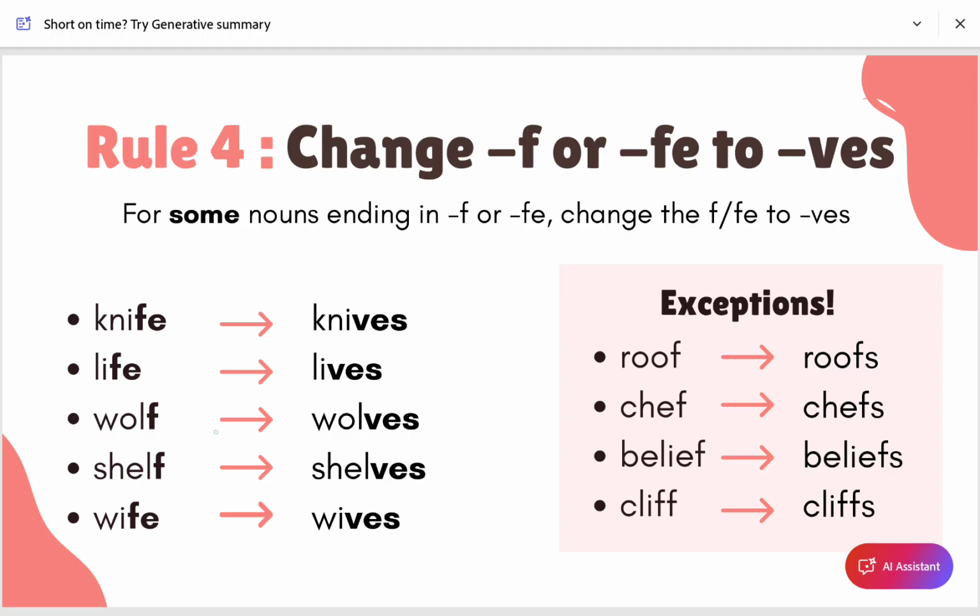Wolf becomes wolves, with an extra ves in the plural form. And there are also exceptions, which are roofs, chiefs, chef becomes chefs, and cliffs. Okay, these are the exceptions of this rule.